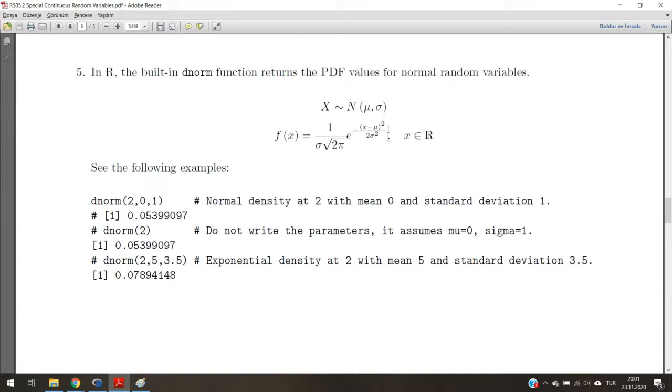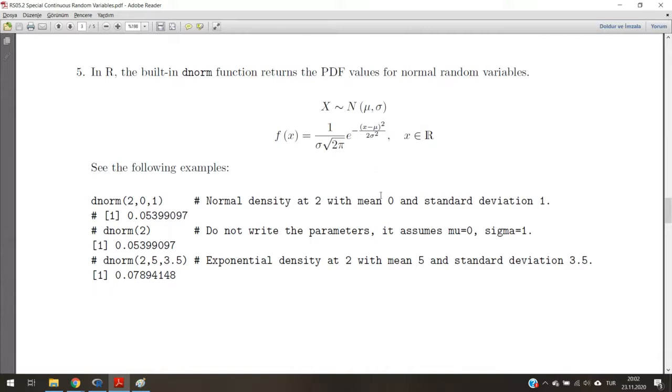So we can calculate, for example, the probability density function of 2 with location parameter or mean equal to 0 and the standard deviation or the scale parameter being equal to 1.